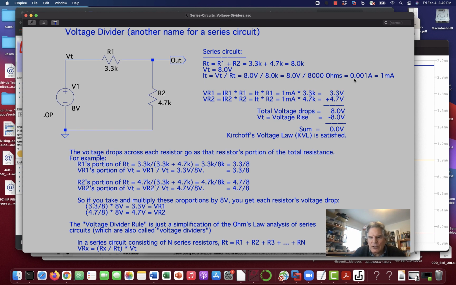So I get 8 divided by 8 is 1, but when you have 1,000 in the denominator, I get 1,000th of an ampere. You can write that as 1 times 10 to the minus 3 amperes, but 1,000th of anything is a milli, so that's a milliamp.